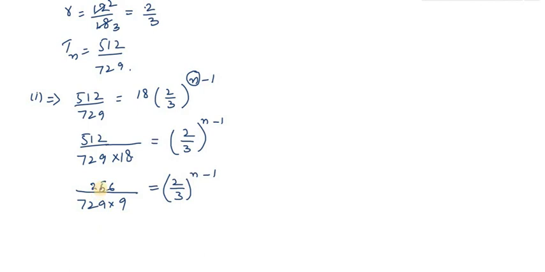And we write 256 as 2 to the power 8. And this is 3 to the power 2 and 3 to the power 6, that is 3 to the power 8. And here 2 upon 3 to the power n minus 1.